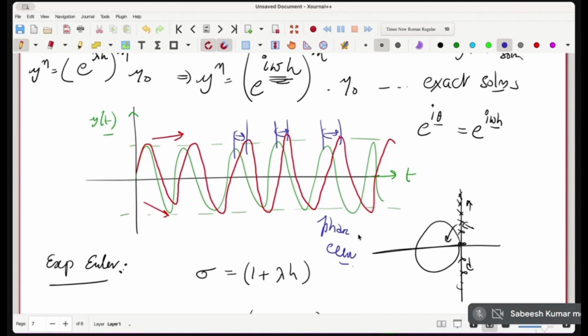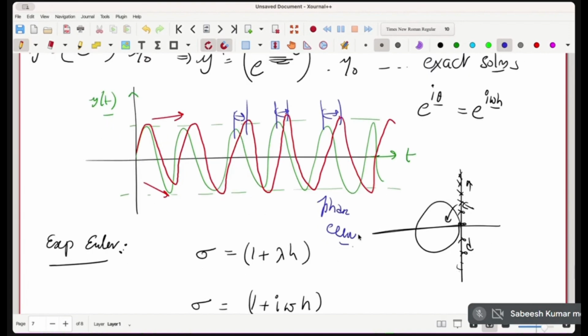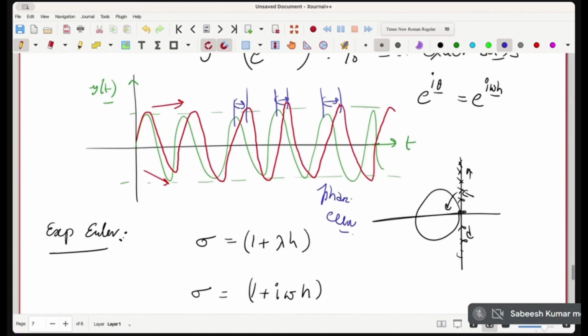That means at what time it's going to reach the bottommost point, or at what time it's going to reach the topmost point, these are different. So this is the phase error involved, which of course is not useful in the context of the explicit Euler method, because eventually it is going to diverge. But it is interesting to note that there is a phase error, and we're going to apply this concept to the implicit Euler method, which is anyway stable.